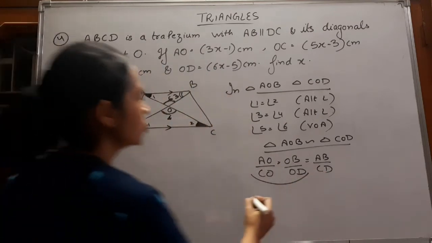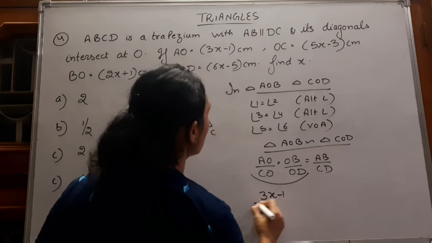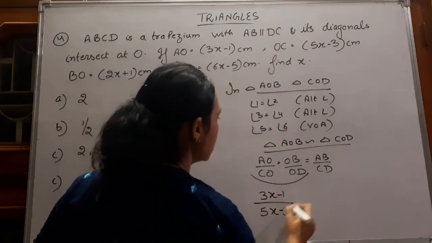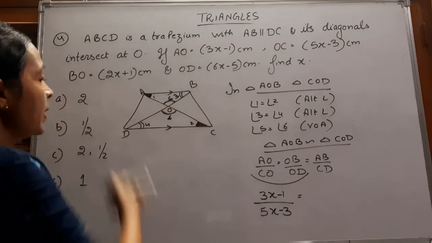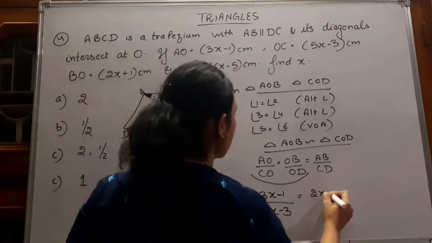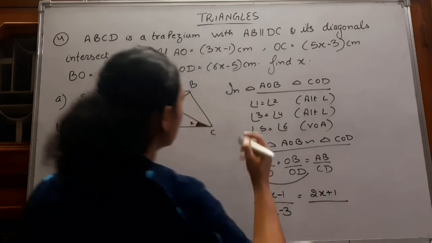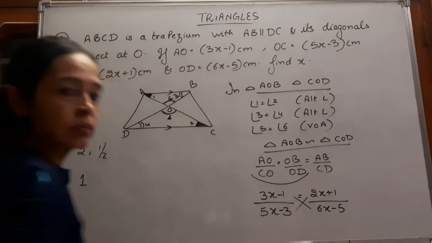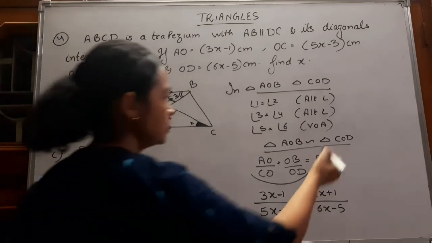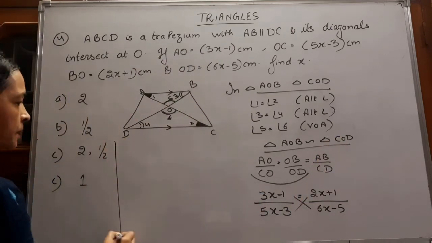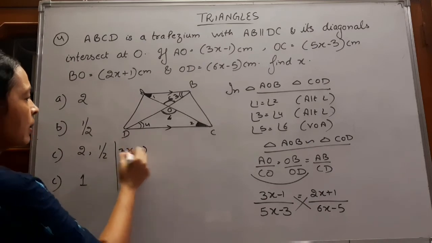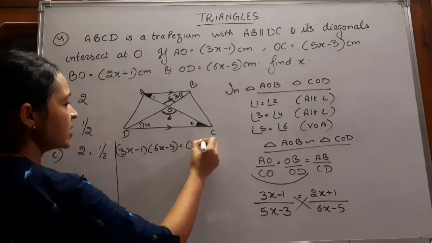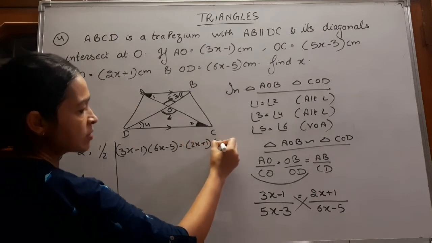AO is 3x minus 1 upon OC, 5x minus 3, equals OB, 2x plus 1, upon OD, which is 6x minus 5. Cross multiply. We will get 3x minus 1 into 6x minus 5 equals 2x plus 1 into 5x minus 3.